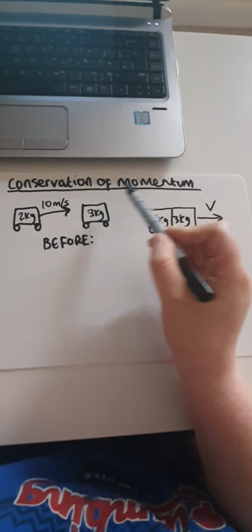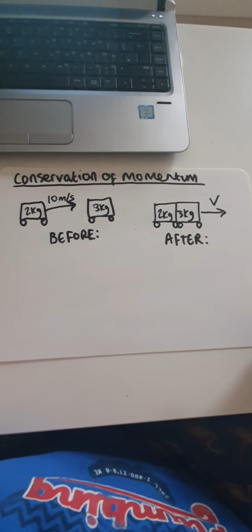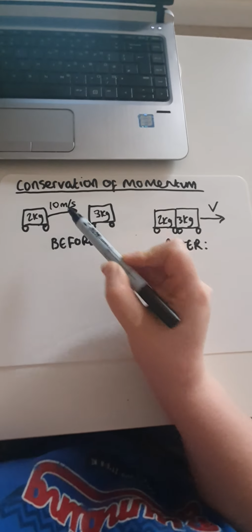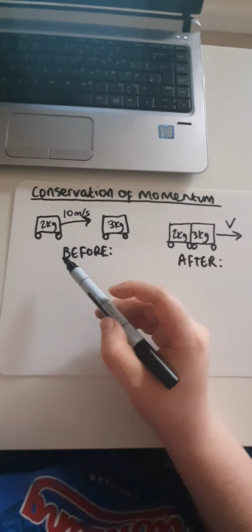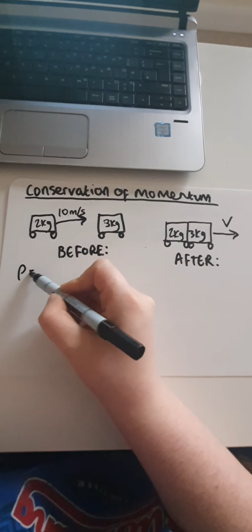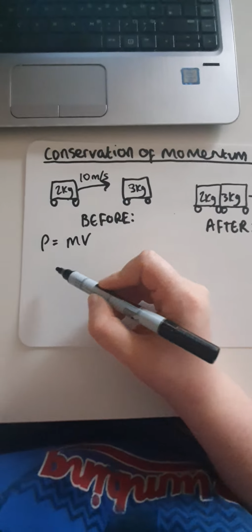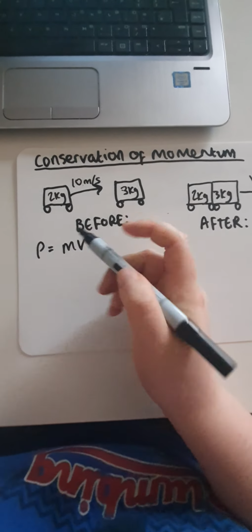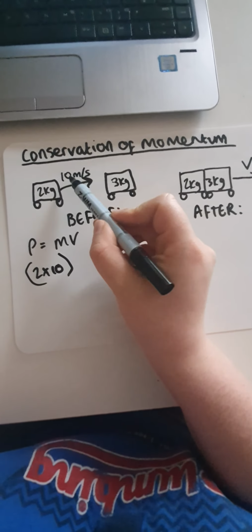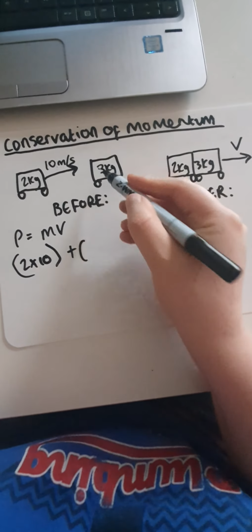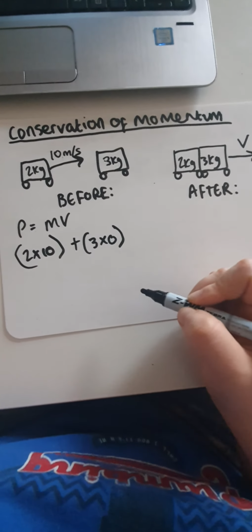Now, conservation of momentum means momentum is conserved. So the amount of momentum there is before is going to equal the amount of momentum afterwards. Okay, so before, remembering P equals mv, it's going to be 2 times 10, momentum of car 1, plus momentum of car 2, 3 times, it's stationary, 0.